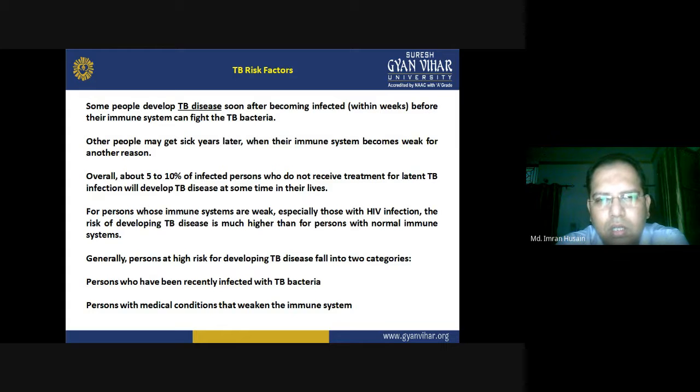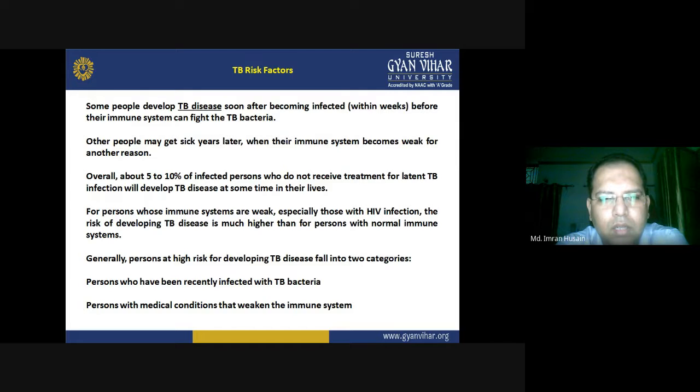Although it is present in 80% of Indians, it only affects the individual who has become weak or whose immune system is not up to the mark, a really weak or immunocompromised individual.